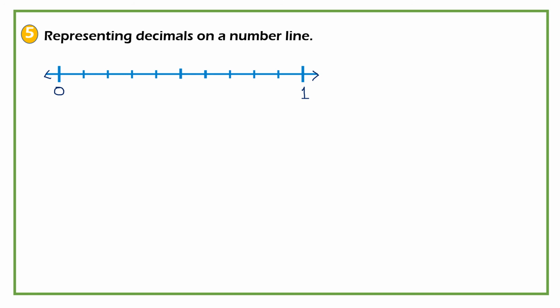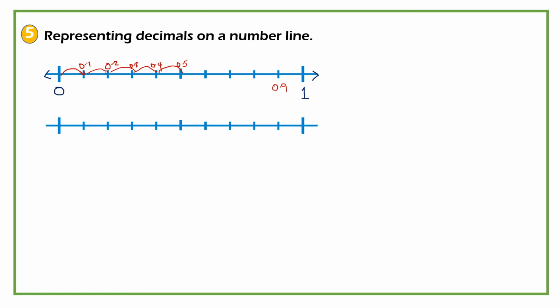Then this will be 0.1, 0.2, 0.3, 0.4, 0.5. This one will be 0.9, like that.